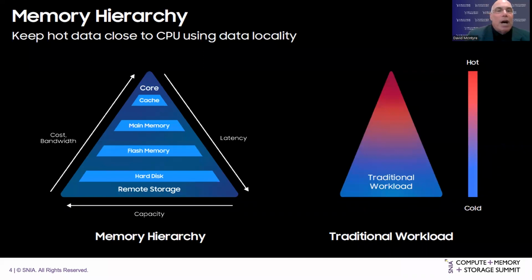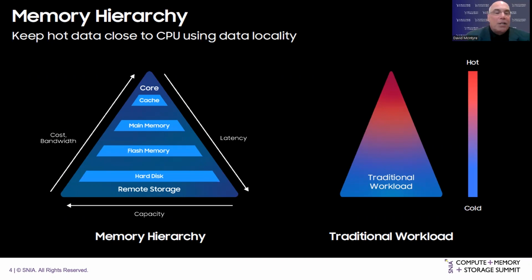So the memory hierarchy that we're all familiar with, the idea there is to keep the hot data close to the CPU and bring it locally to the CPU. Now, the challenge there, as we know, is that the closer that you bring the data with higher performance, it gets more expensive, even though you're basically paying for increased bandwidth.